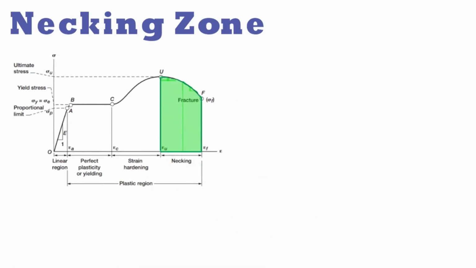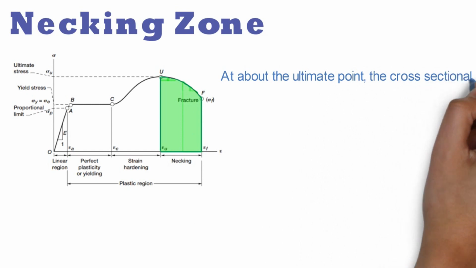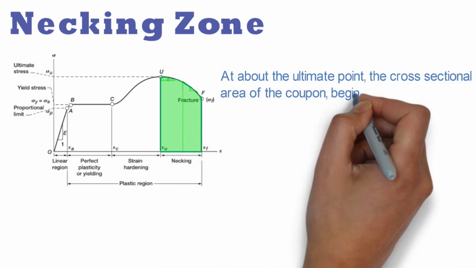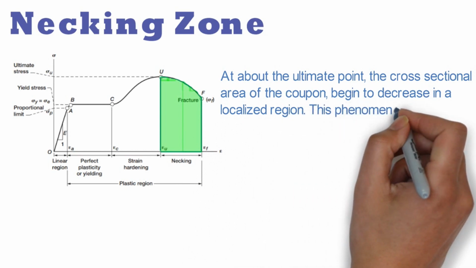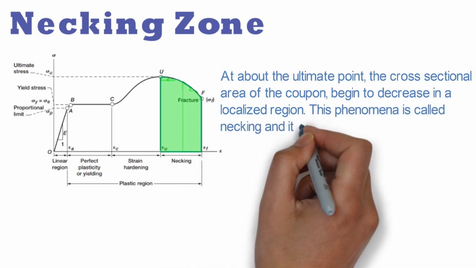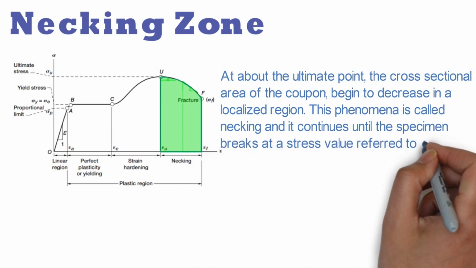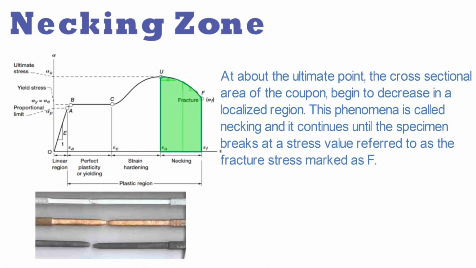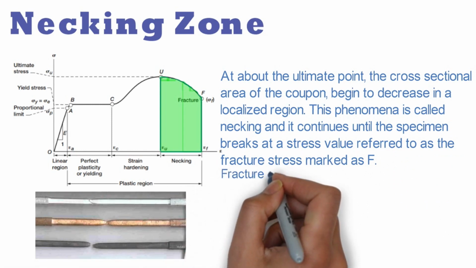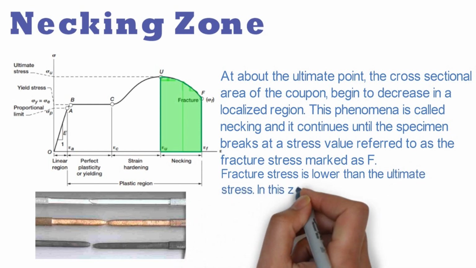Necking zone. In this image, the green shaded region shows the necking zone. At about the ultimate point, the cross-sectional area of the coupon begins to decrease in a localized region. This phenomenon is called necking and it continues until the specimen breaks at a stress value referred to as fracture stress, marked as F. Fracture stress is lower than the ultimate stress.